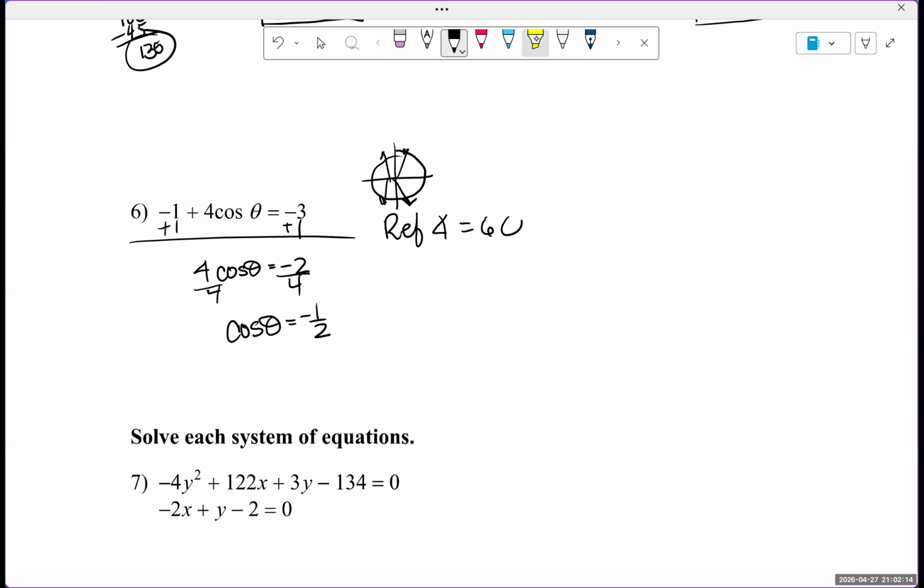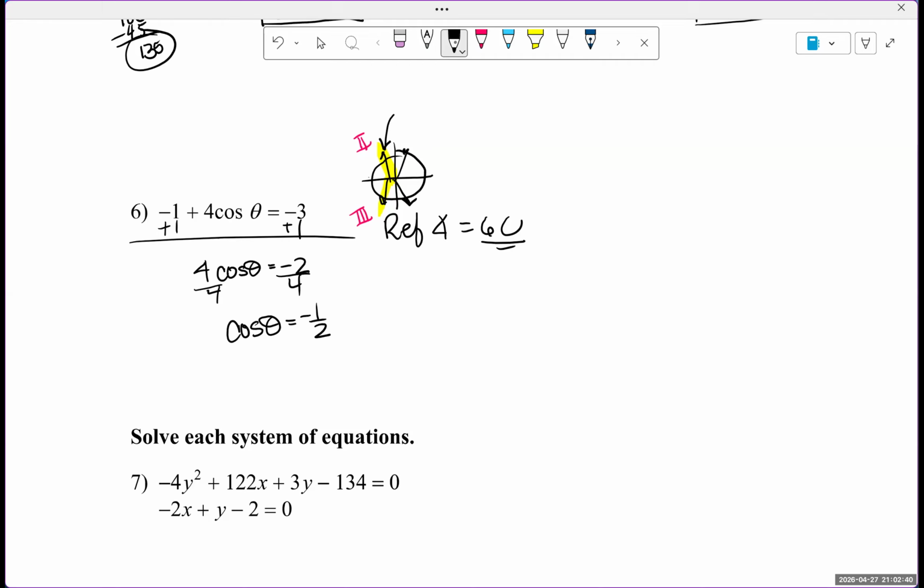So where is cosine negative? Okay, cosine is negative in quadrants 2 and 3, but we're still restricting between 0 and 180. So I need to figure out what this angle is in quadrant 2 with a reference angle of 60.